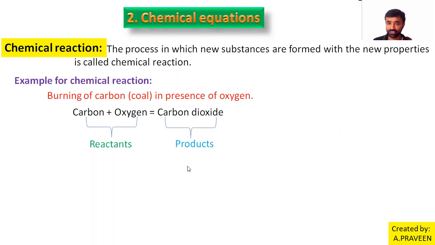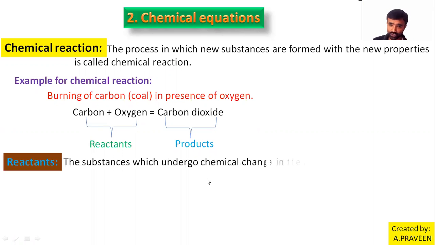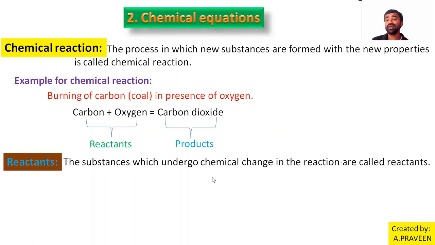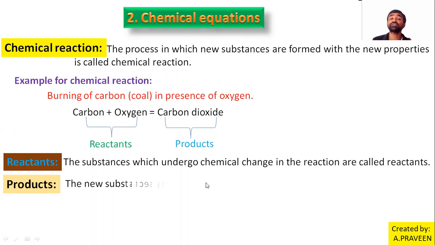In a chemical reaction, we introduce two different quantities. What are they? Reactants and products. What are reactants? The substances which undergo change are called reactants. What are products? After the change, the substances that remain, right?